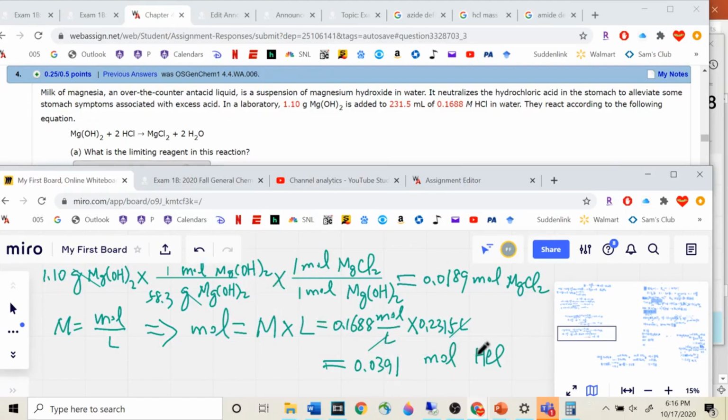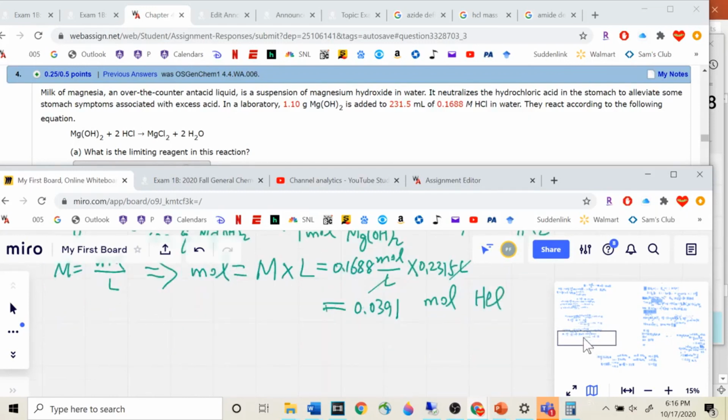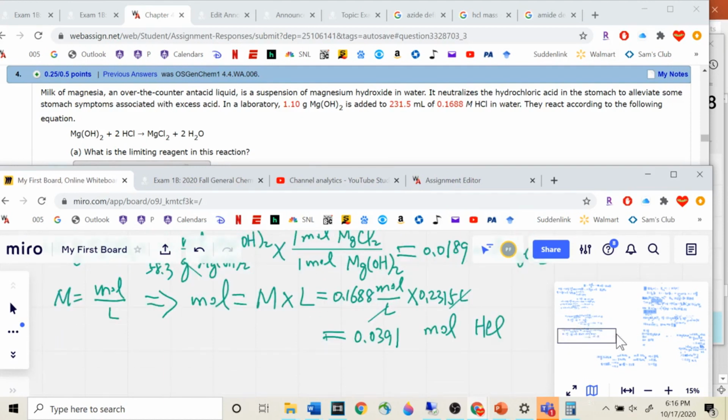And again, we have to convert moles of HCl to the moles of MgCl2 so that we can compare with the mole number produced by the first reactant, magnesium hydroxide. Okay, so let's do that. I still want to be able to see this value right there, 0.0391 moles of HCl.